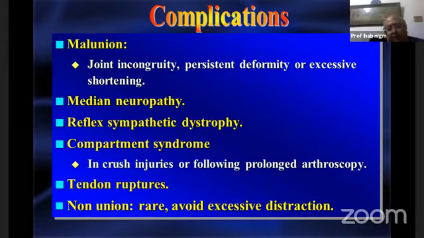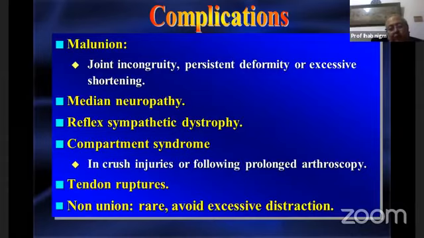Tendon ruptures. Tendon ruptures can happen in fractured distal radius on 4 different occasions. Either a minimal fracture, even a small fissure treated conservatively, can result in rupture of the extensor pollicis longus.